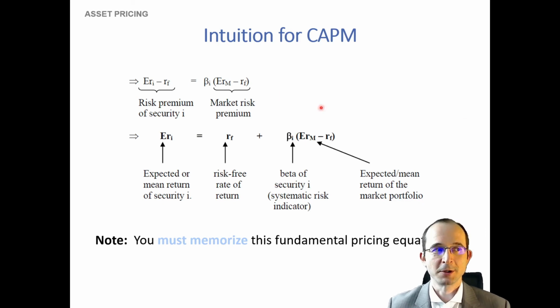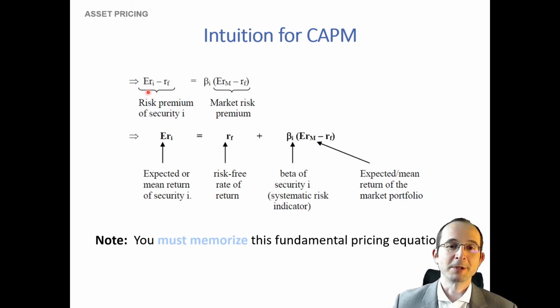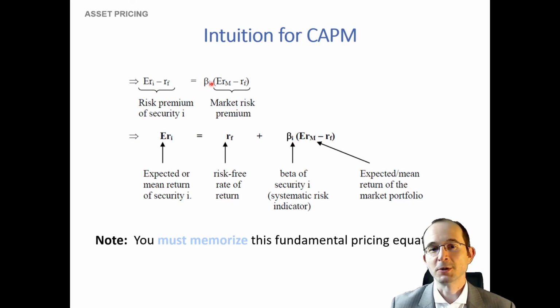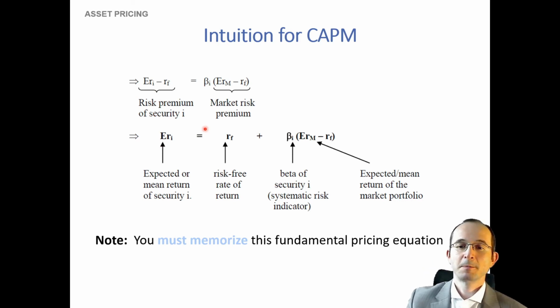And then this equation can be simplified to the CAPM relation pretty much directly. The only thing we need to do is move the risk-free rate that was giving us the risk premium, or the excess return, on our risk asset over to the right-hand side. And there we have the CAPM equation.